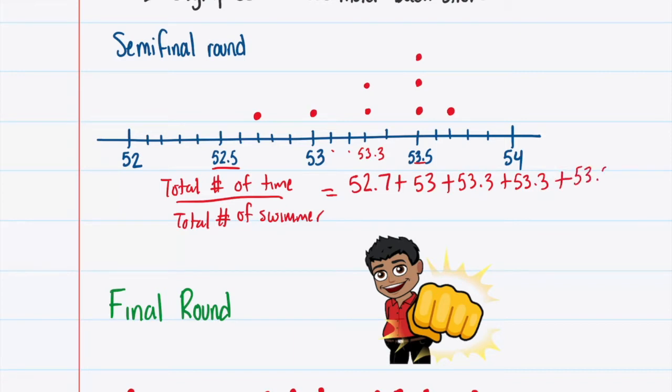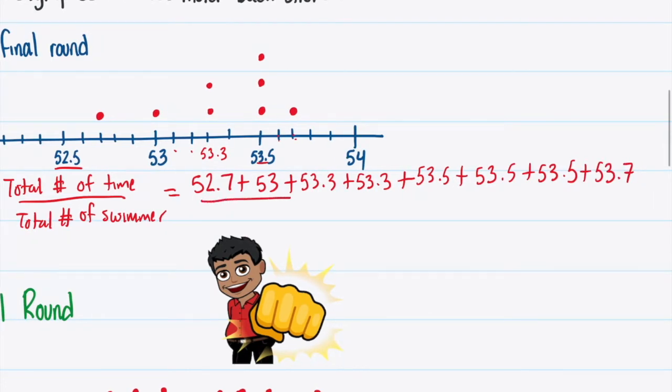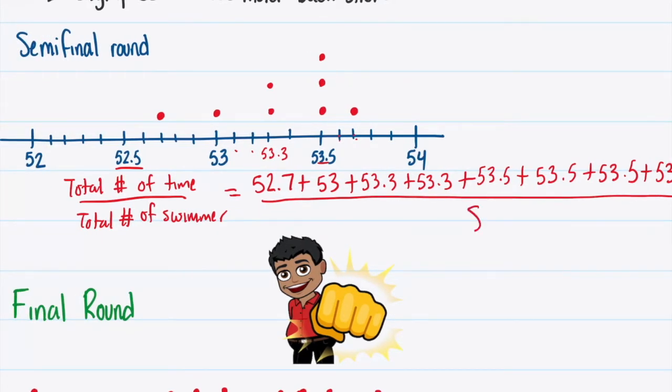Plus 53.5 plus another 53.5 plus another 53.5. And the last one, 53.7. So those are all the sums divided by how many swimmers? There are 8 of them.